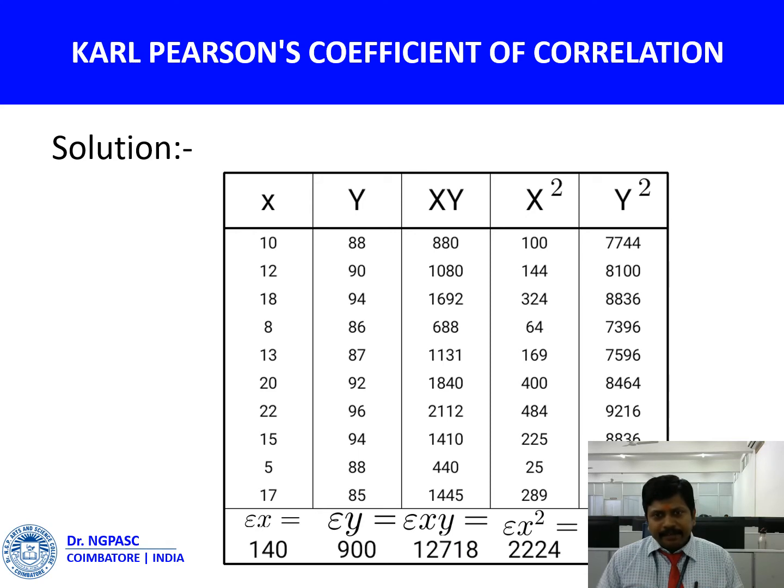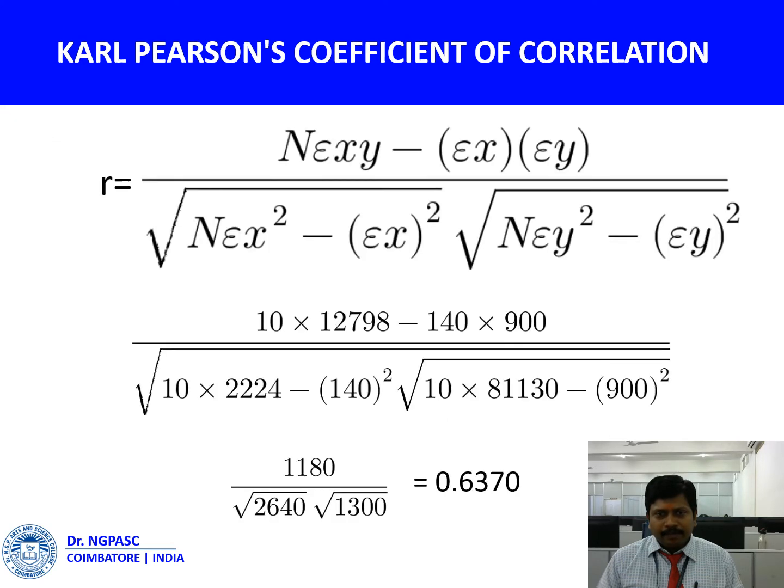After calculating all these totals, we have to use the formula: small r equals n into sigma xy minus sigma x into sigma y, divided by square root of n into sigma x square minus sigma x whole square, into square root of n into sigma y square minus sigma y whole square, which is the formula for Karl Pearson's coefficient of correlation.